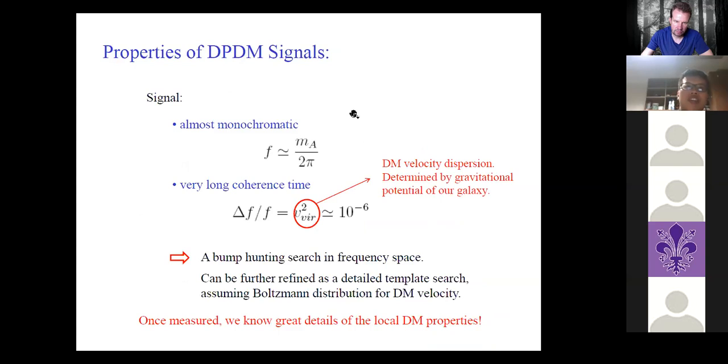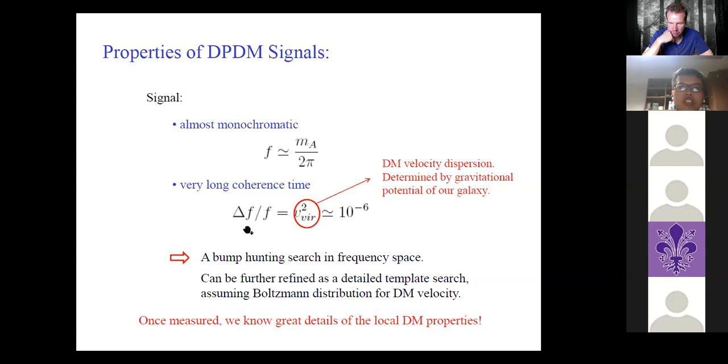Okay, now let me show you some properties of the dark photon dark matter signal. First, the signal is almost monochromatic. The frequency of the signal is determined by the mass of dark photon, m_A, which is a constant. And second, the signal has a very long coherence time.